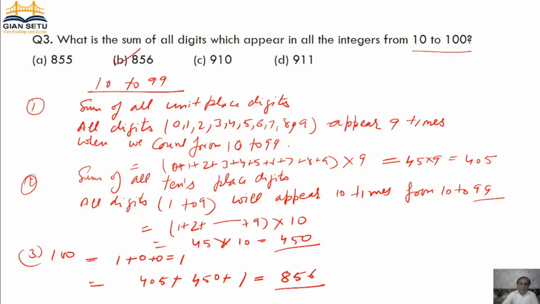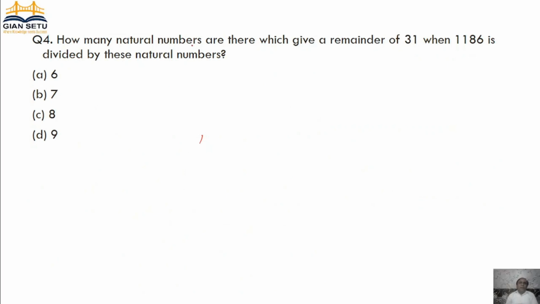Now let's see question number 4. How many natural numbers are there which give a remainder of 31 when 1186 is divided by these natural numbers? Okay.